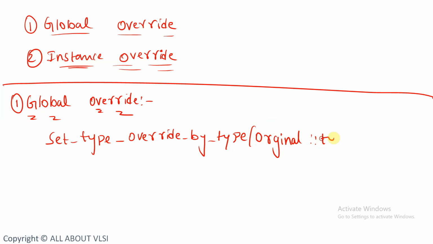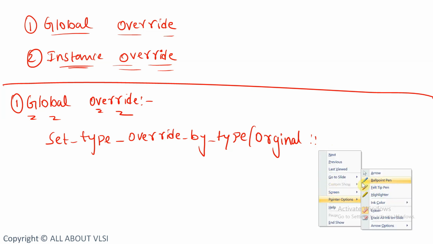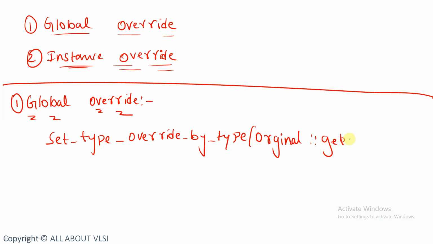Original type scope resolution operator get_type, and comma, and we should write down the substitute type with which we need to substitute: substitute_type scope resolution operator get_type.